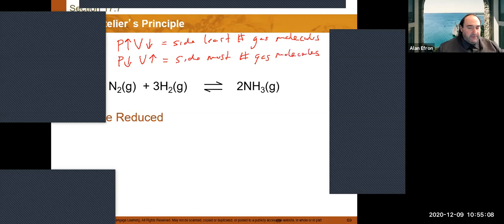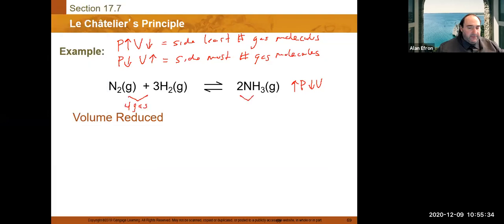All right, so if we look at something like this, we have this reaction here, and let's say we increase the pressure. That means the volume would decrease. In this case, we look at this: we have 4 gas molecules on the left and 2 on the right.